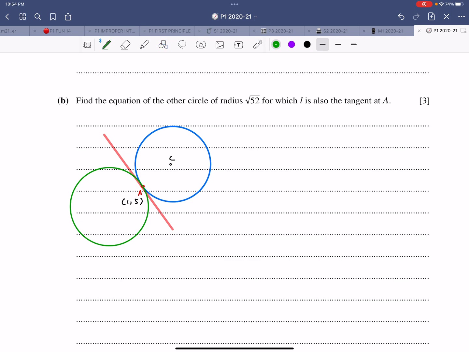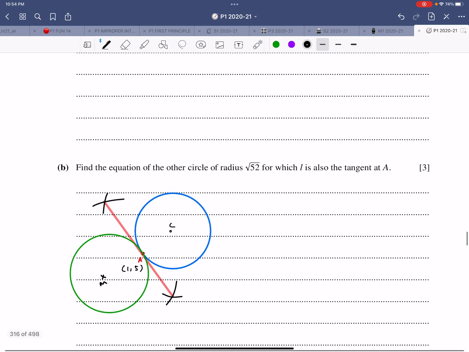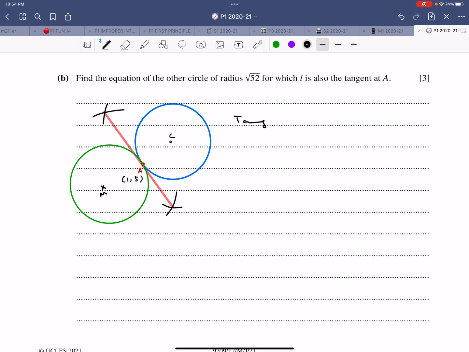Now the center of the circle. Let me label this as M. So basically this tangent is the perpendicular bisector of the two centers. Got the idea? That's how it's possible. So one point is M, let's call it (a, b).